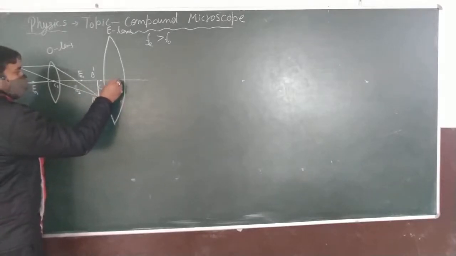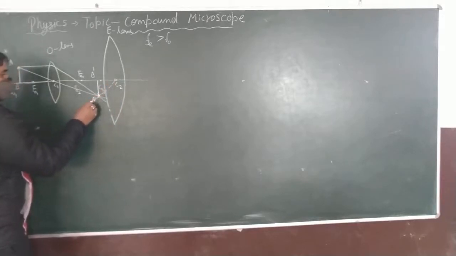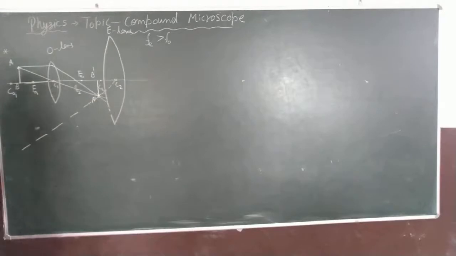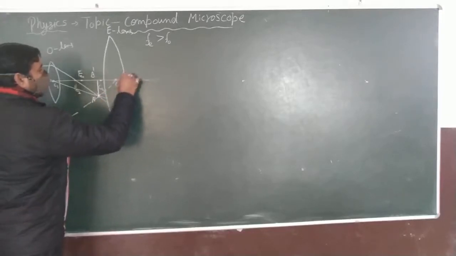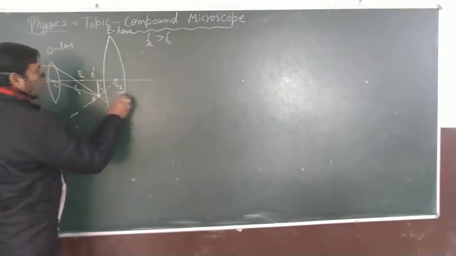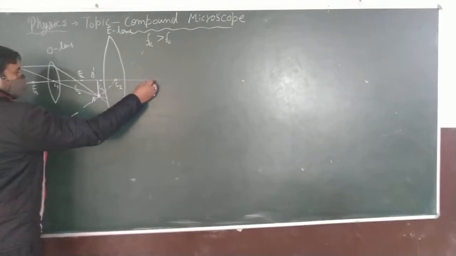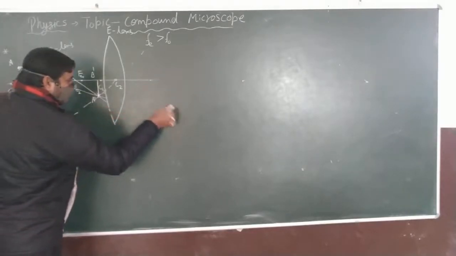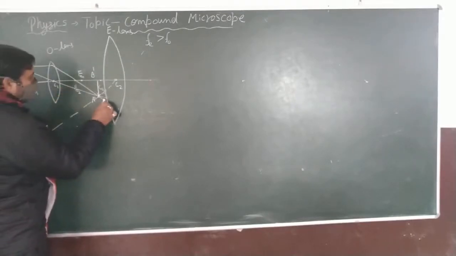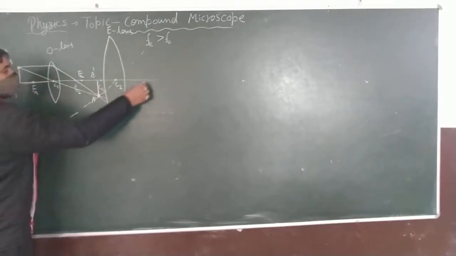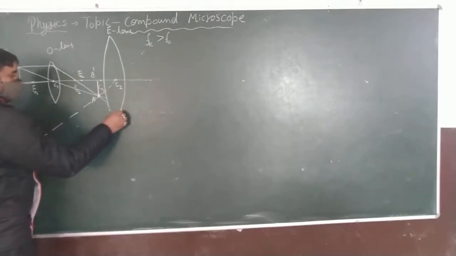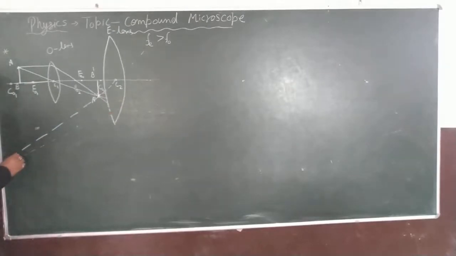Now, let a light which is coming from the optical center move in this direction, and a light which is coming from its focal point, parallel to it, travels in this direction, and it forms a magnified image at this location.